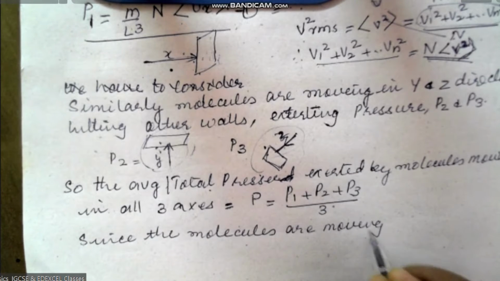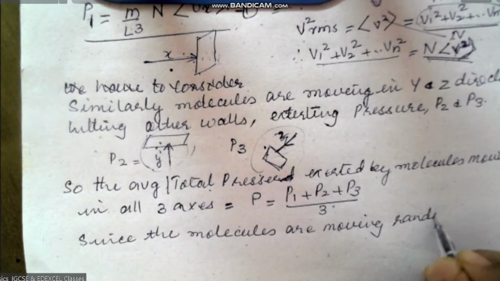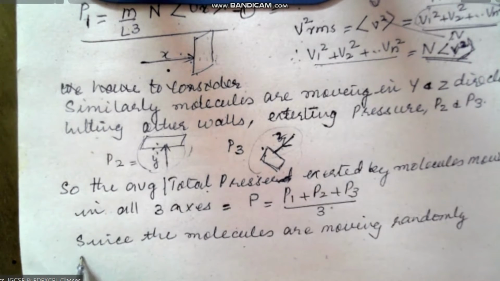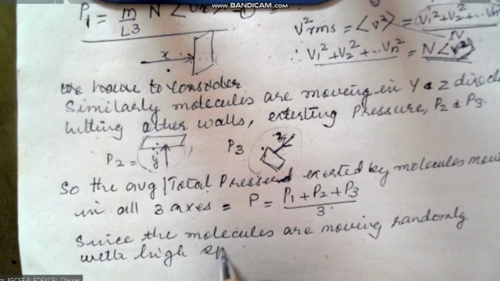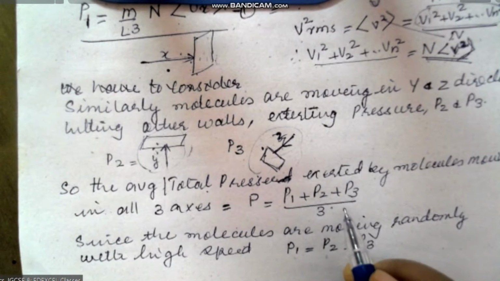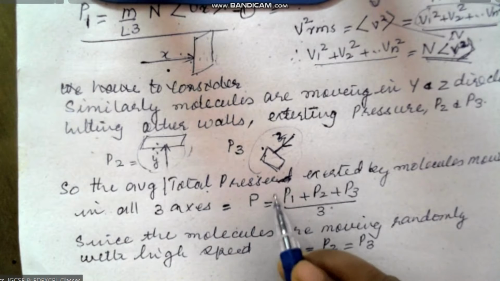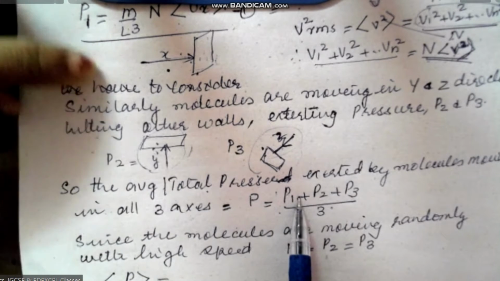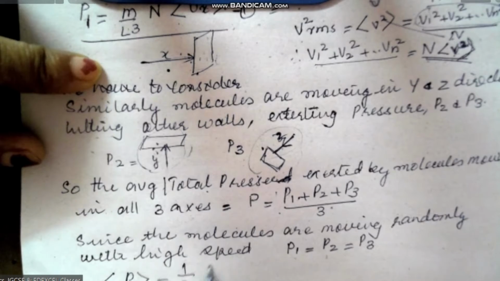Okay, now you don't write. Now you have to write: since the molecules are moving randomly with high speed, you can say that P1 is almost equal to P2, is almost equal to P3.